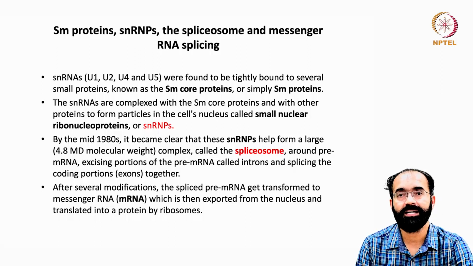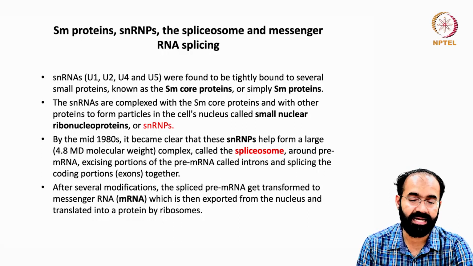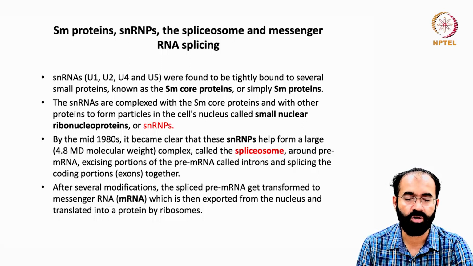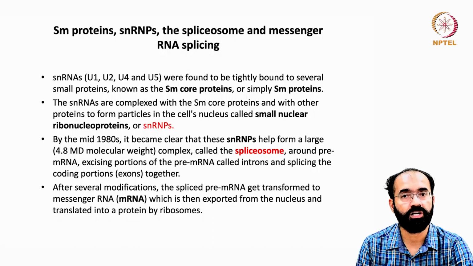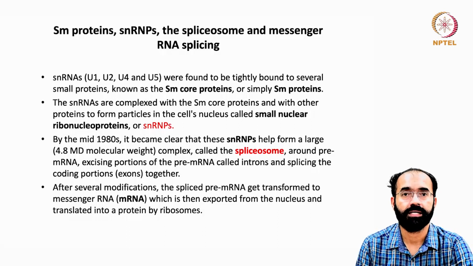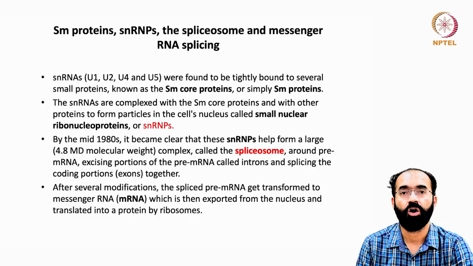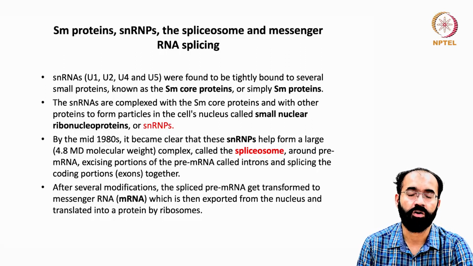And by around the mid 1980s, it became very clear to the scientific community that the snRNPs help in a large complex, roughly around 4.8 megadalton molecular weight, and this is called the spliceosome. It occurs associated with the pre-mRNA, and is helpful in excising portions of pre-mRNA, which are nothing but the introns, and the splicing of the coding sequences, that is the joining of the coding sequences, the exons, together.